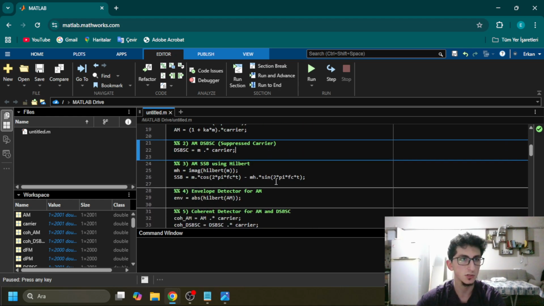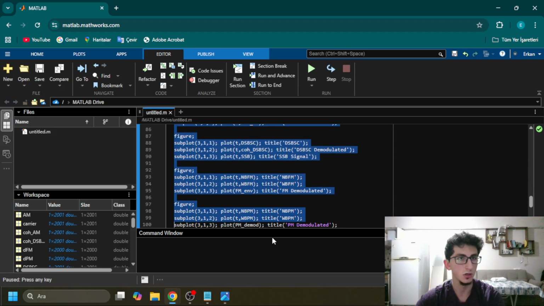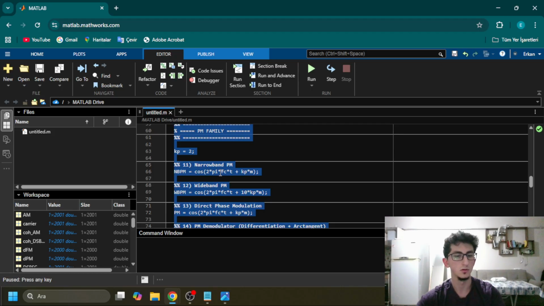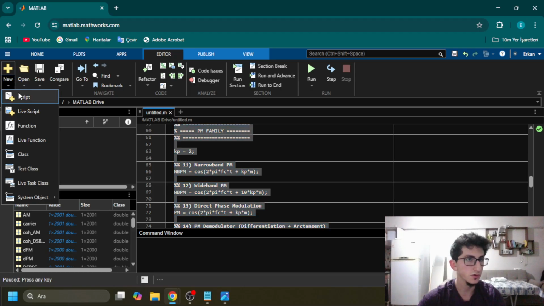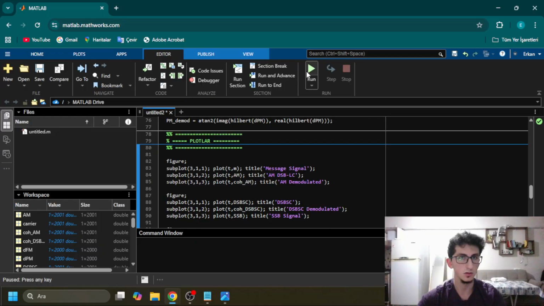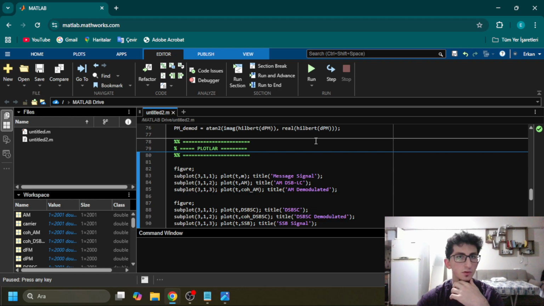I guess there's a mistake, so I'm gonna copy all the code and make a new page. So in here, new script, and close it, and in here paste, and also run. MATLAB Drive, save.